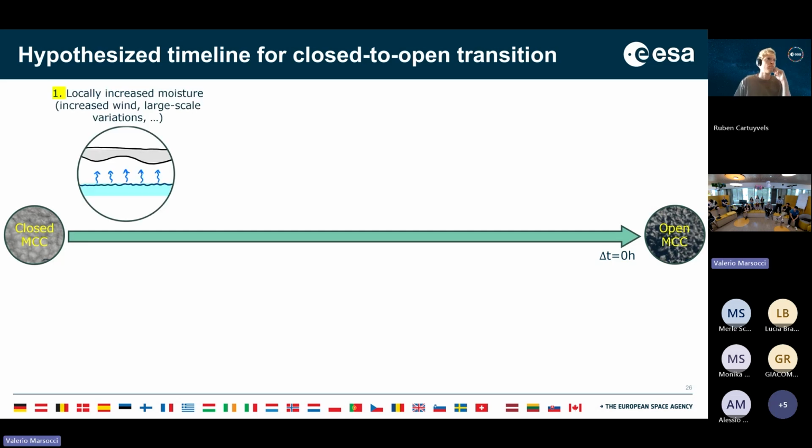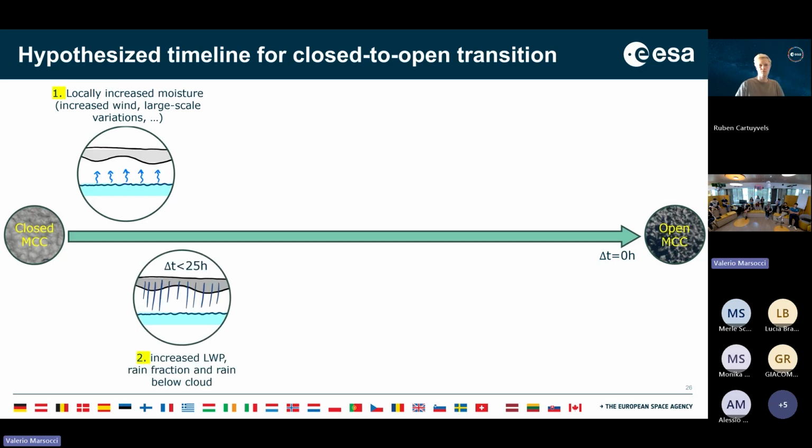So I think what the data that I just showed you suggests is that the initial trigger for a transition may be increased moisture in the boundary layer, because we saw that the first things to increase were liquid water path, which depends on the moisture, and also the rain fraction and rain below cloud. So this increased moisture might then lead to increased liquid water path, rain fraction, and rain below cloud, around these 25 hours before transition.